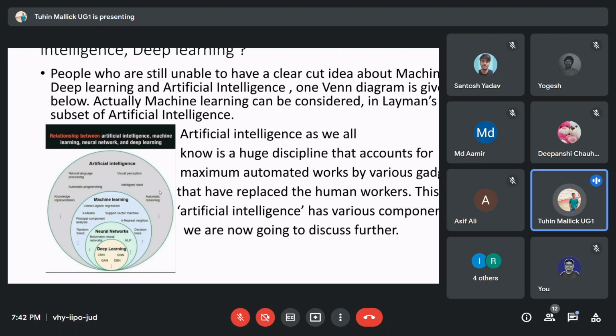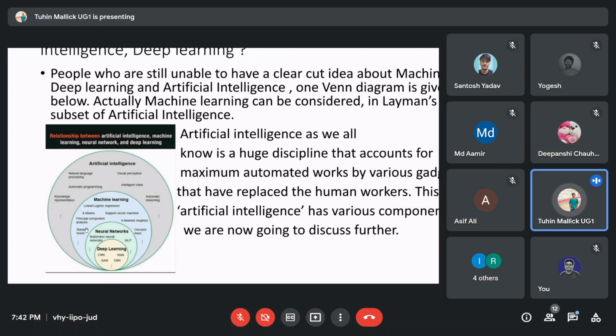So machine learning is generally a subset of this artificial intelligence, which is considered a total entity. The natural language processing as a whole is altogether a whole lot of content. Visual perception has another whole lot of topics and subtopics within it. Intelligent robot also has, and so on.